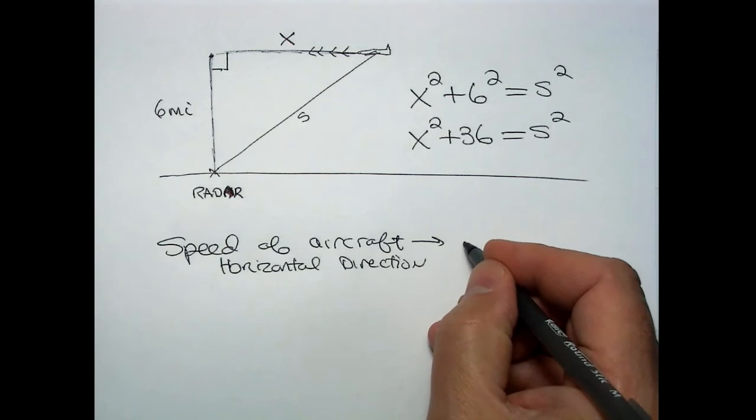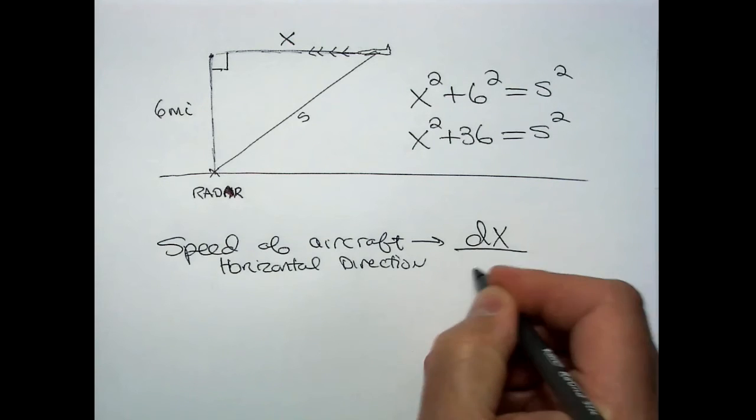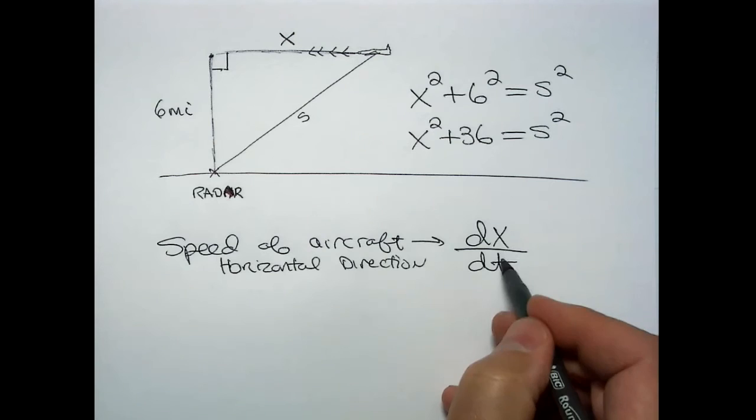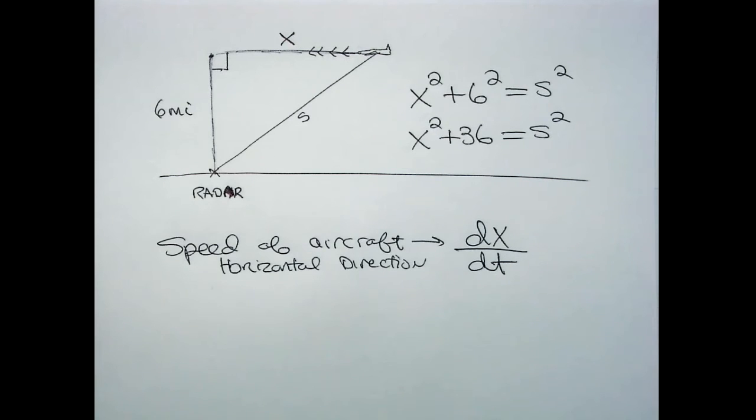So the only speed you've got is dx dt. How does x change with respect to time? The speed of the aircraft is dx dt. Now, there actually really is no dy dt. It's 0 because the aircraft is level.